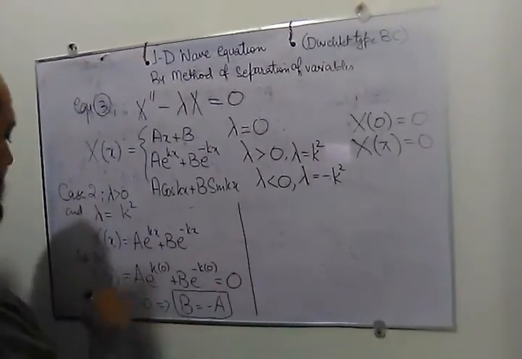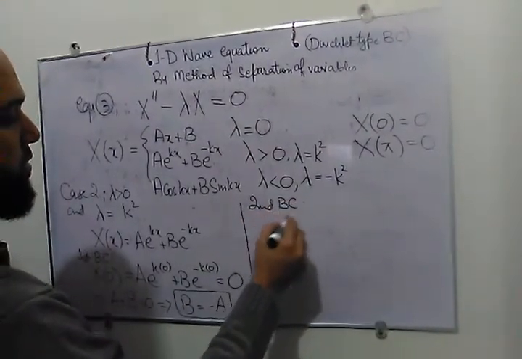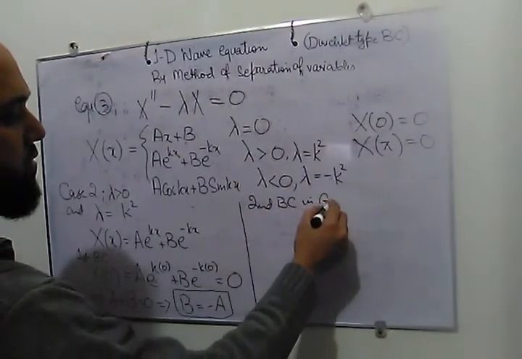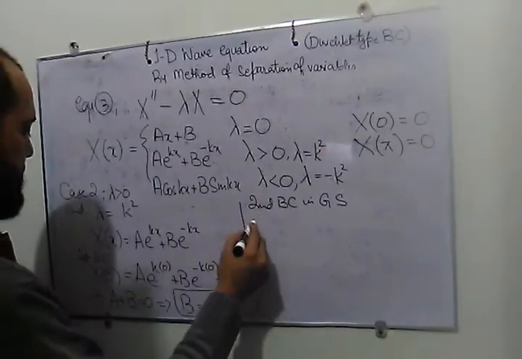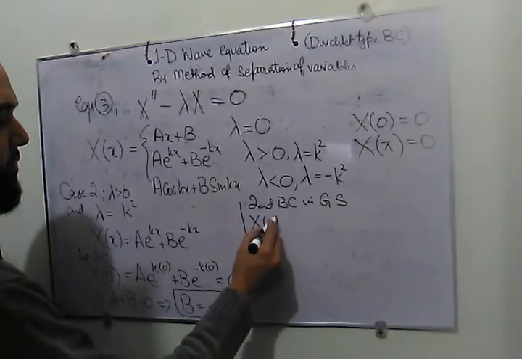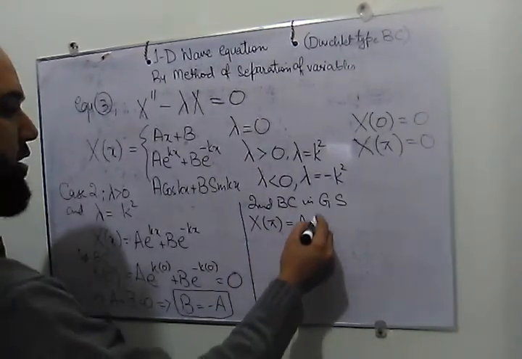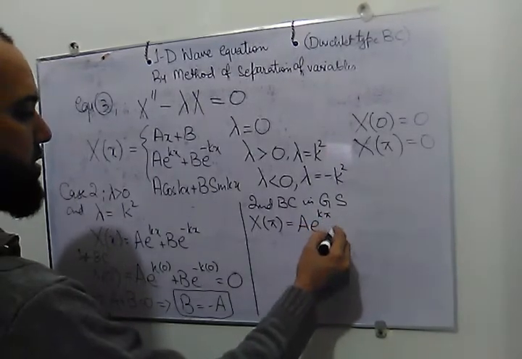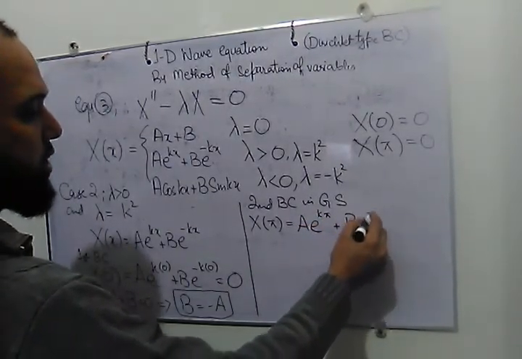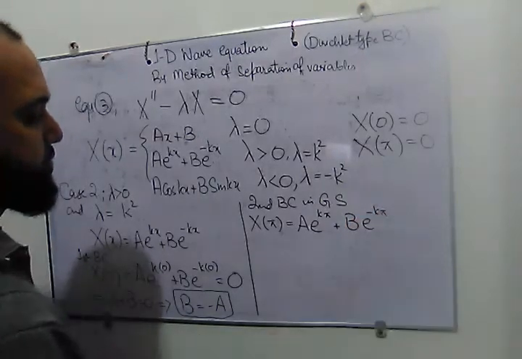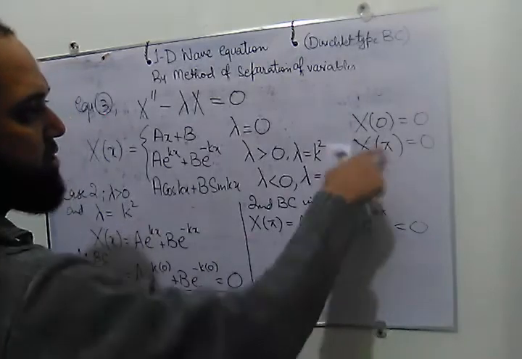Then we apply the second boundary condition in the general solution. For lambda greater than 0, it becomes x of pi is equal to a exponential k pi plus b exponential minus k pi, which is equal to 0 because x of pi is equal to 0.